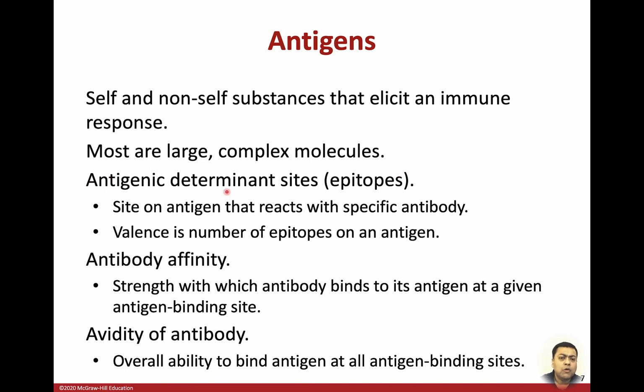Suppose you have a monovalent antigen which has one binding epitope. You don't care about that at all, because it has only one binding site. But suppose you have an antigen which is trivalent, meaning there are three binding sites, three epitopes, on that specific antigen.